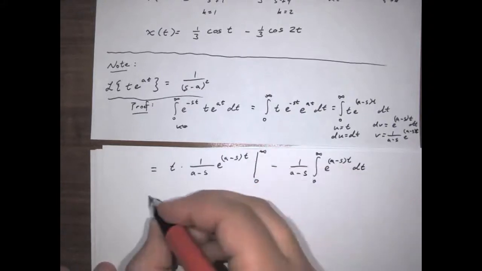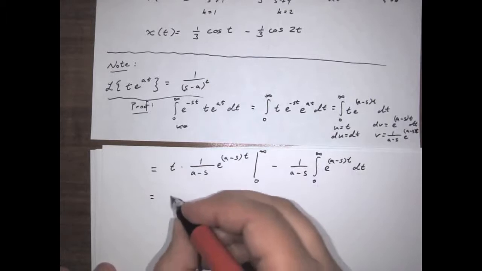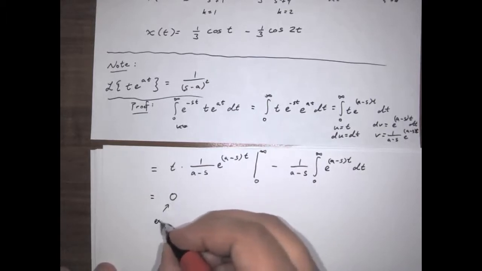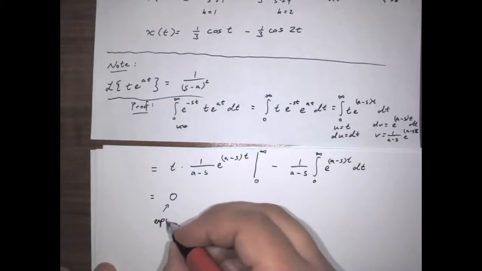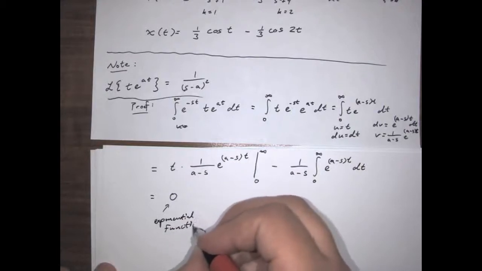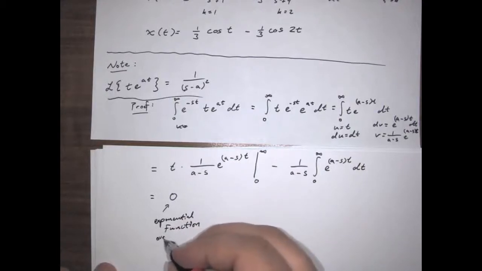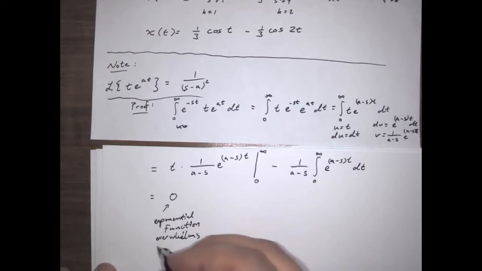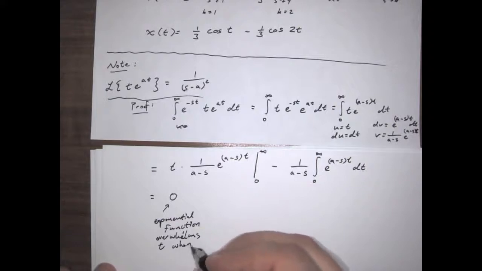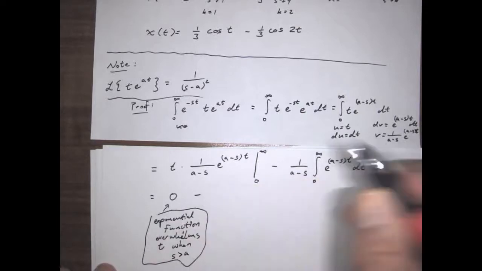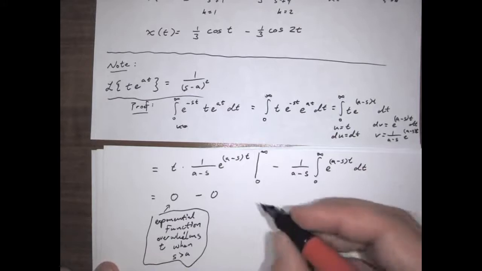But this first term is actually going to equal just 0. The first 0 is going to be because the exponential function overwhelms t when s is greater than a. And then minus 0. That one speaks for itself.